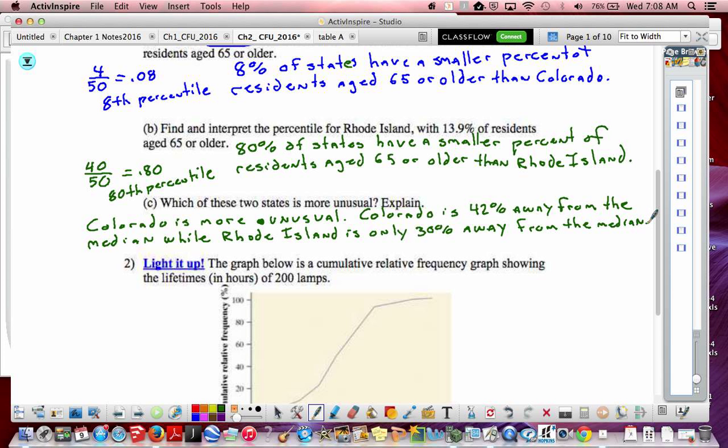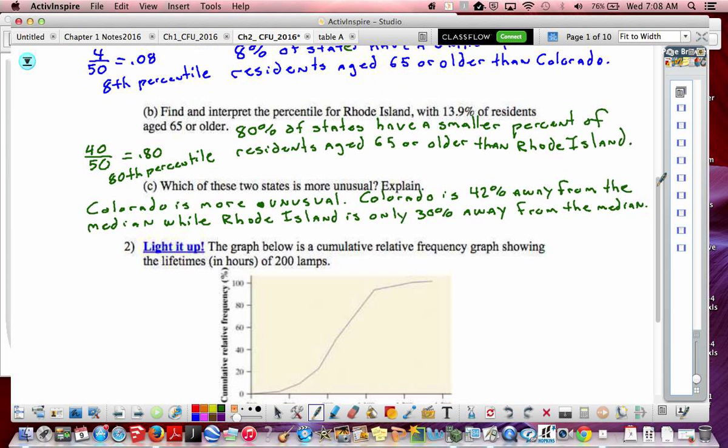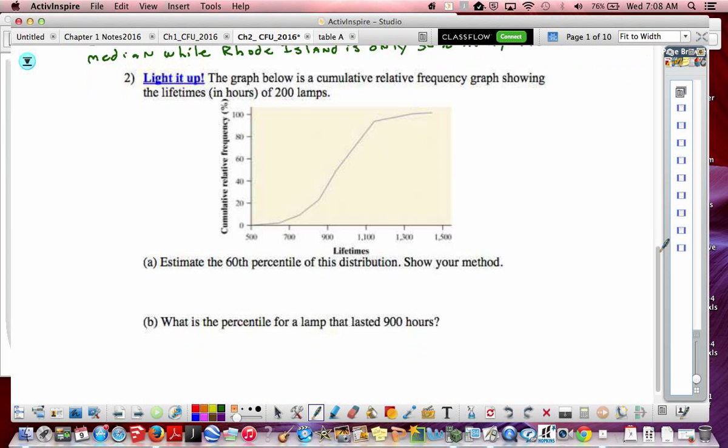If we think of the median as the average, or in our case, the middle, what we would expect to be normal, Colorado is 42% away versus Rhode Island only being 30% away. Hence why Colorado is more unusual. All right, that takes care of number 1.